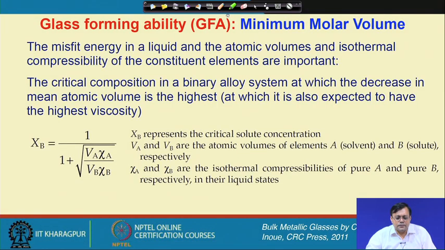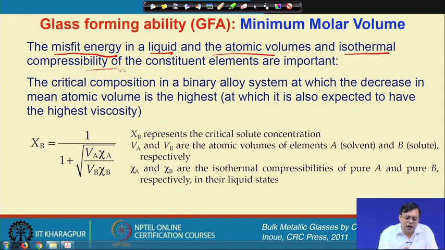In case of the minimum molar volume, there are some equations that came out, and they say that the misfit energy is important. In a liquid, the misfit energy and the atomic volume, along with the isothermal compressibility of the constituent elements, are very important. What does it mean?